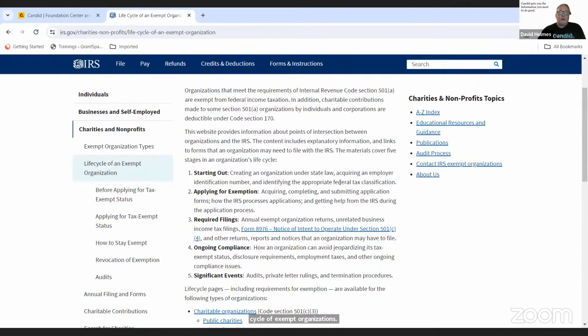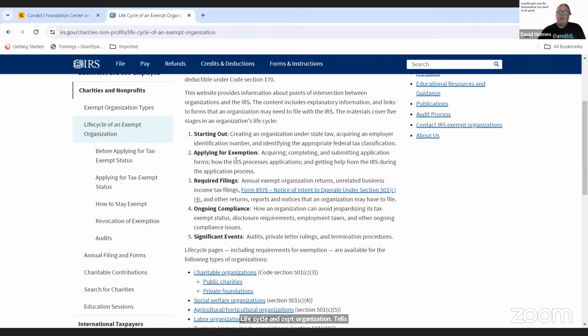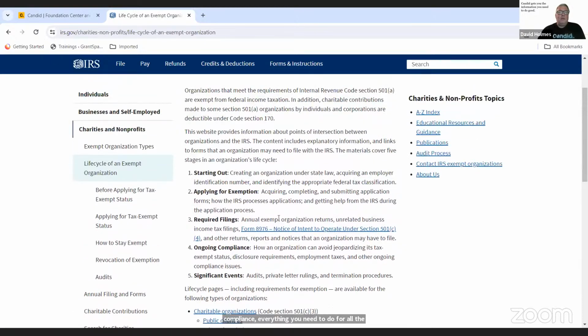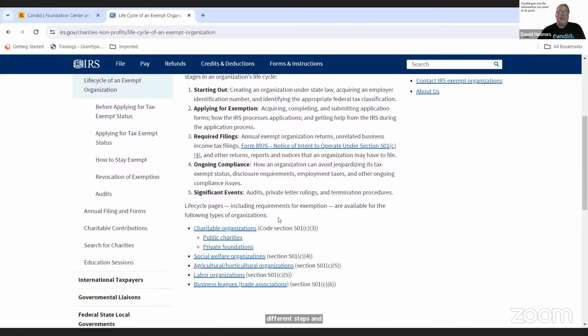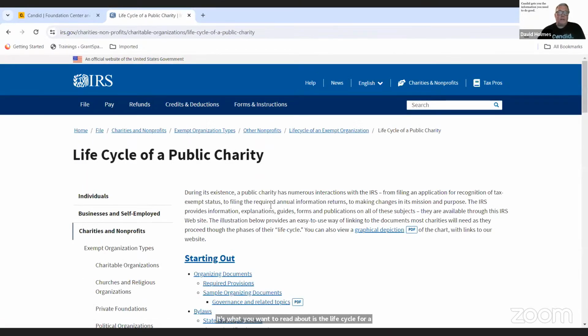Life cycle of an exempt organization tells you what to do to start out, how to apply for this 501c3 status, the filings you have to do during this, and then ongoing compliance, everything you need to do for all the different steps. And there's one more thing you need to know. What you want to read about is the life cycle for a public charity.